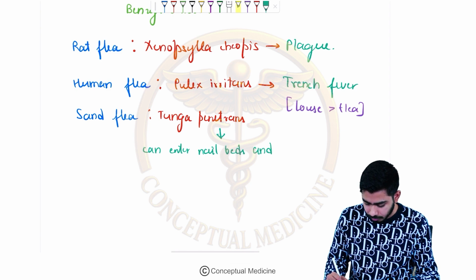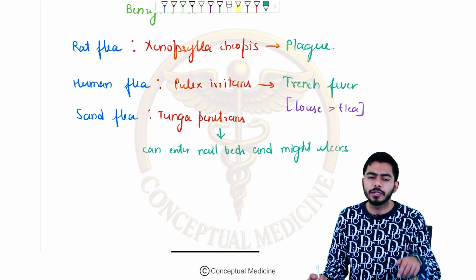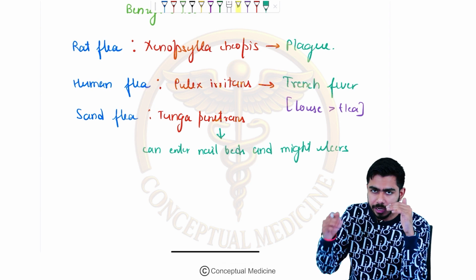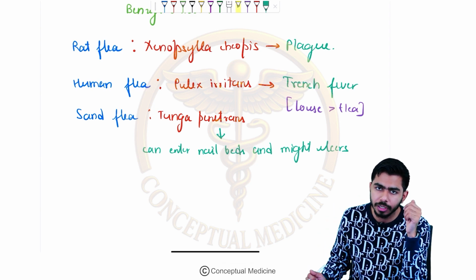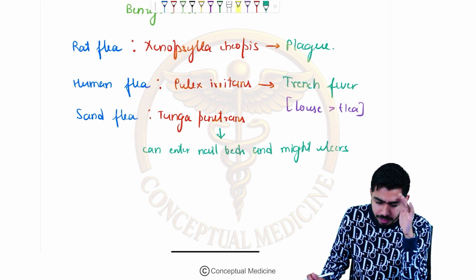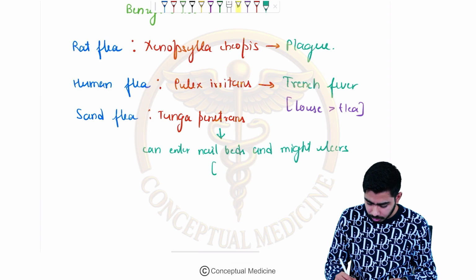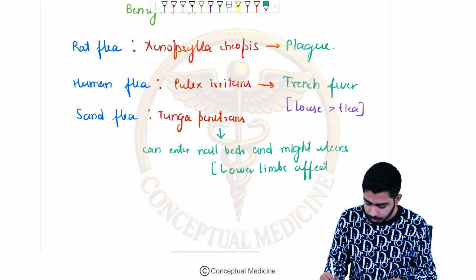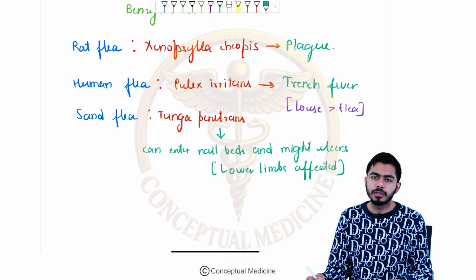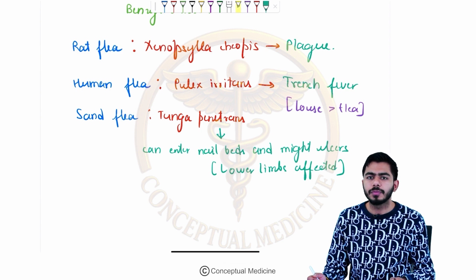With that, especially in the lower limbs, it can enter into the nail beds, into the toes of the legs basically, and over there it can cause the formation of ulcers, right? So mainly the lower limbs are getting affected, right? So that was about the discussion of flea.